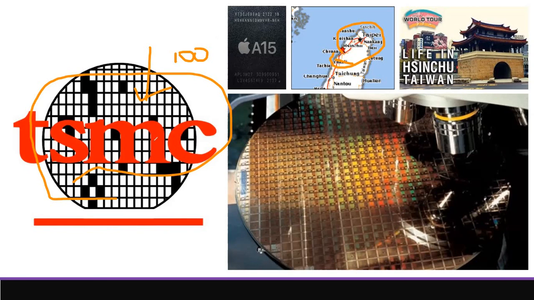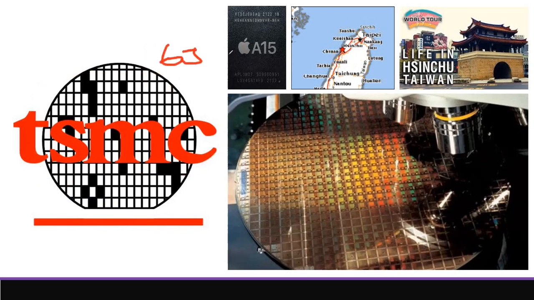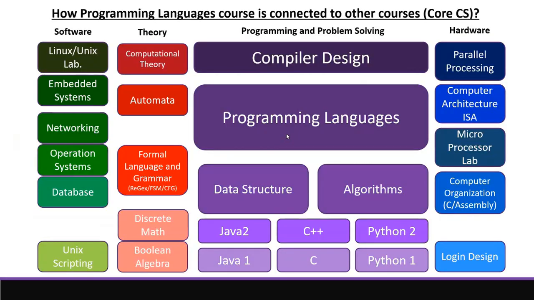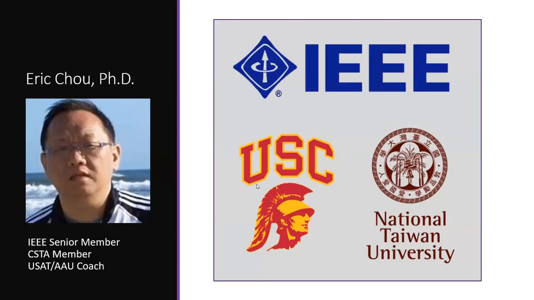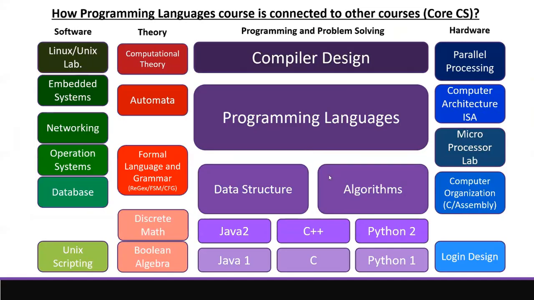At least 65% of the chips worldwide are manufactured by Taiwan, and the headquarters of TSMC is in Hsinchu. So basically, I grew up in a high-tech environment, and then I came to USC. Anyway, that's my background.